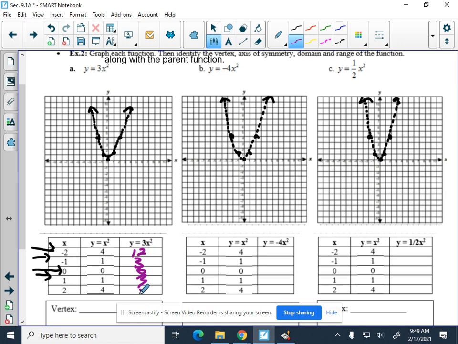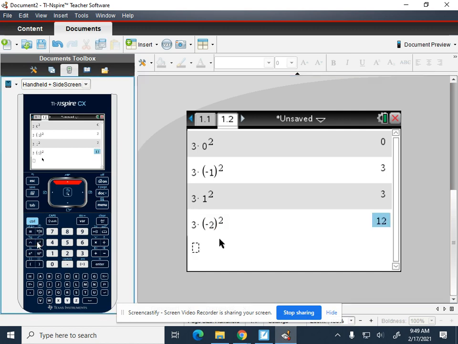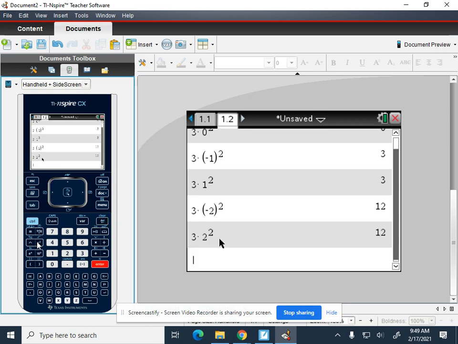Let's see if we're right. Okay, we'll put that in. Put in -2, we get 12. Put in +2, we got 12.